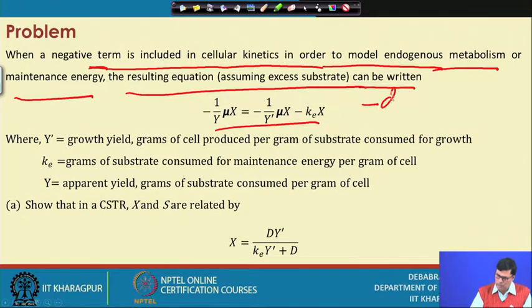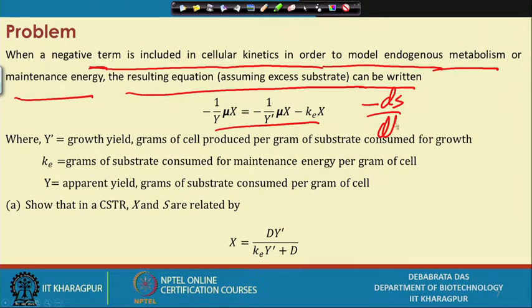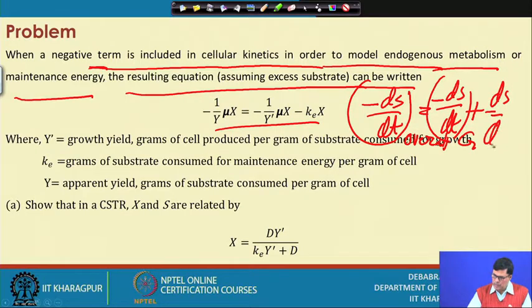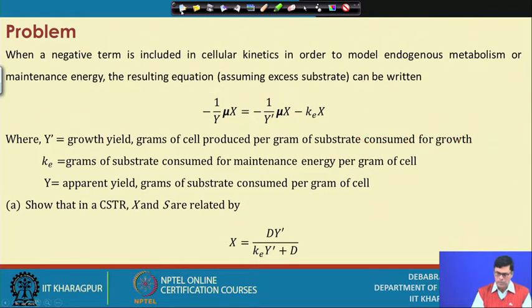This is the overall rate of substrate consumption, which is minus dS/dt for growth, plus minus dS/dt for maintenance of the cells.